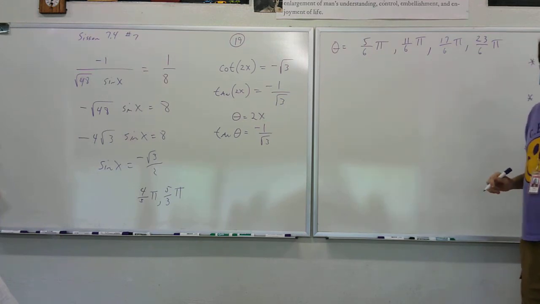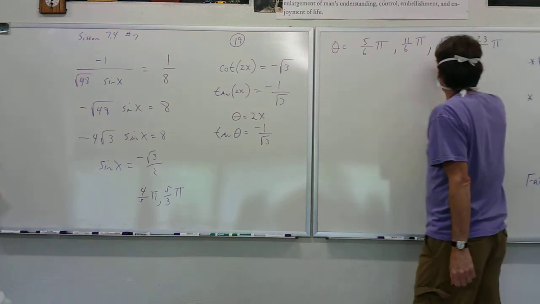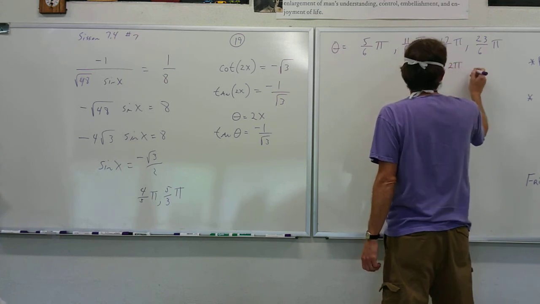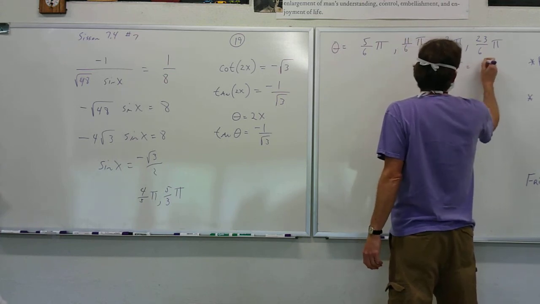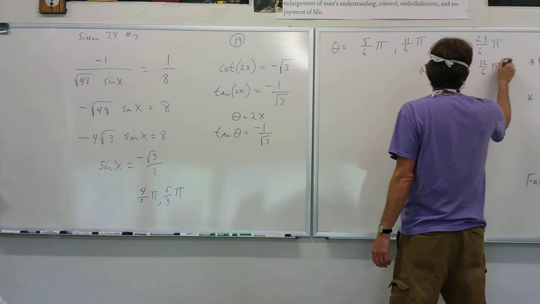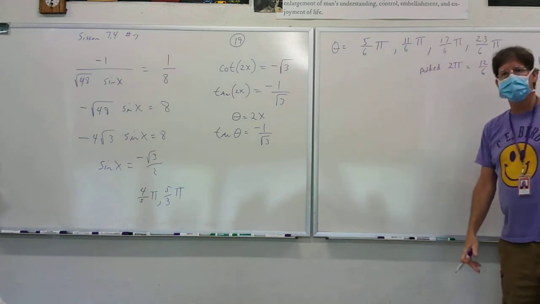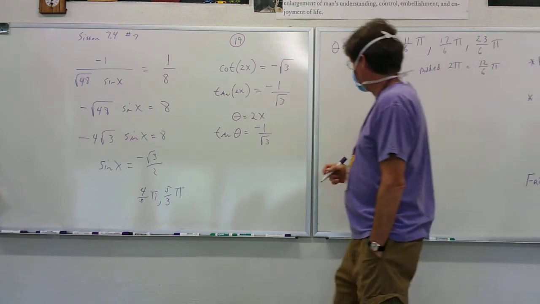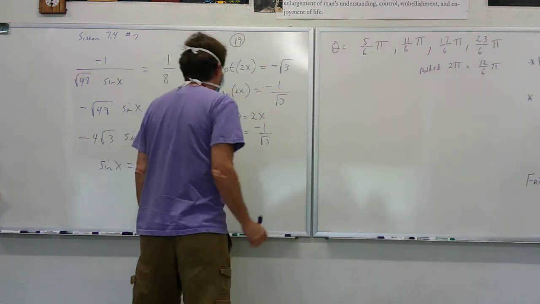Because 2 pi, okay, I'm going to write a little note here. I've added 2 pi, which equals 12/6 pi. So you added 2 pi, which equals what? 12/6 pi. And I went around the circle twice because there's a 2. Then I get all excited because now I'm going to figure out what x equals.